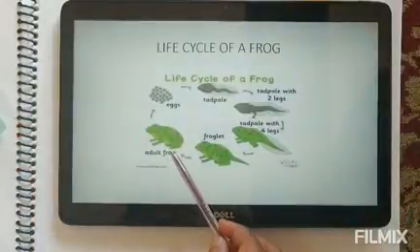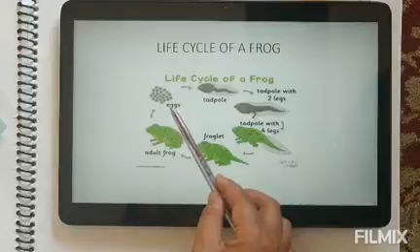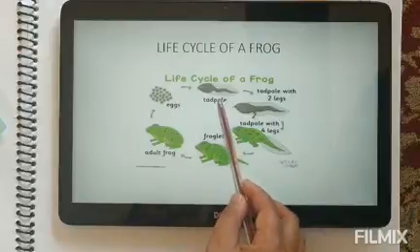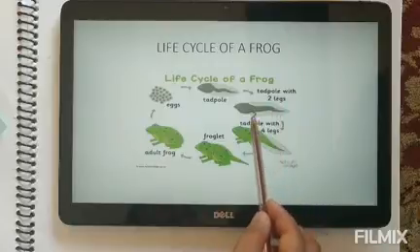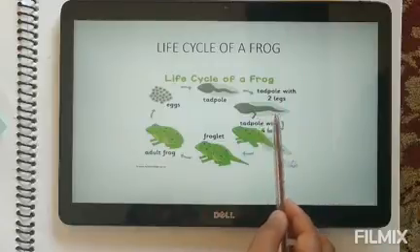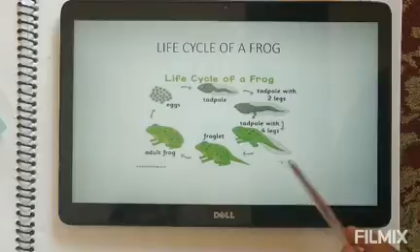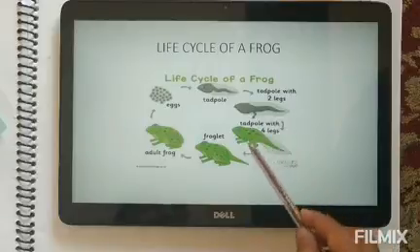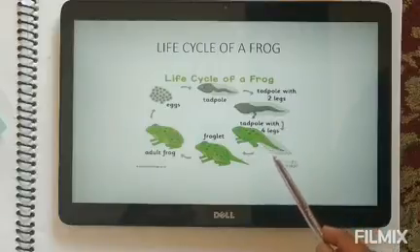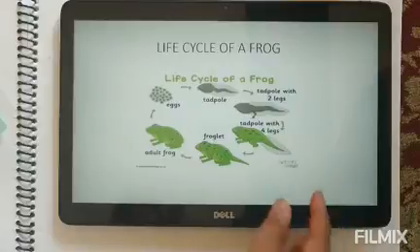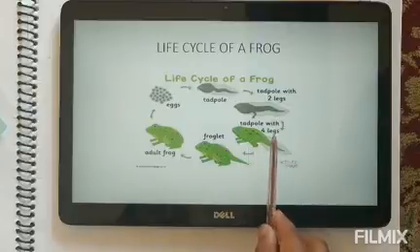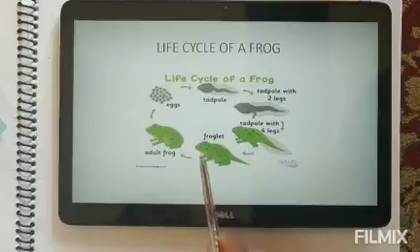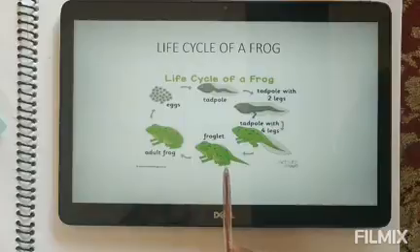The mother frog, yes, the mother frog will lay her eggs. The eggs hatch into tadpoles. Then tadpole with 2 legs and a tail. Then the tadpole with 4 legs and again the tail, but this time what is happening? The tail is shrinking. And then the tadpole with 4 legs will turn into a froglet.